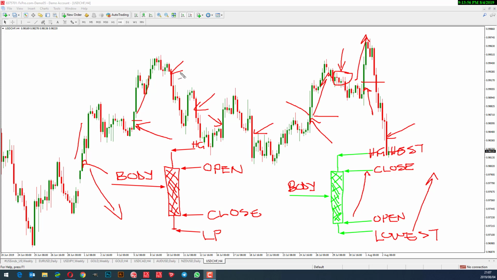So you must be in a position to know. Like this one here. Let me just clear up the screen a bit. You get this big body candle here.